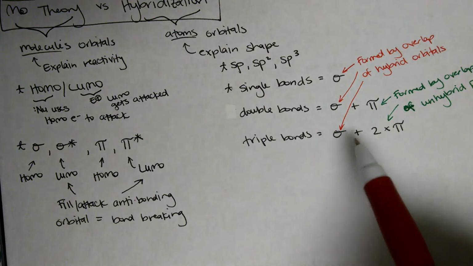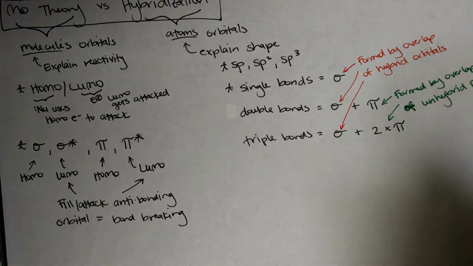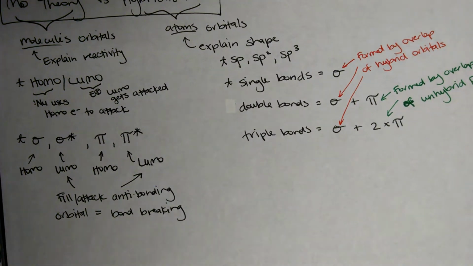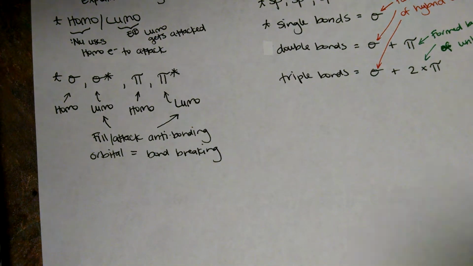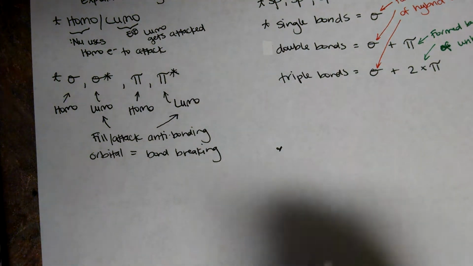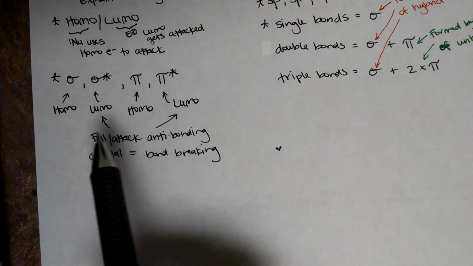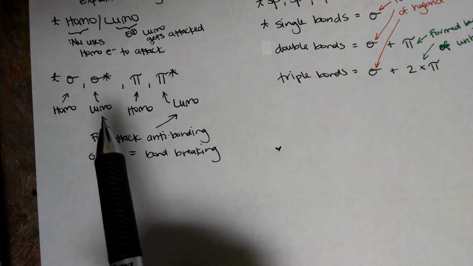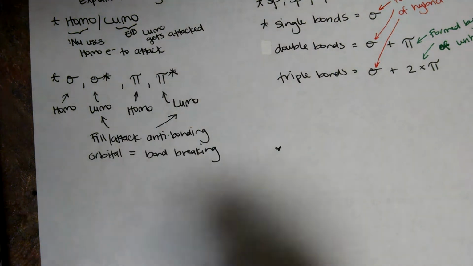Triple bonds are made from a sigma and 2 pi bonds, and the pi bonds are made from the overlap of the unhybridized p orbitals. Really quick, I'm going to focus mostly on the hybridized stuff, because as long as you understand that the HOMO attacks the LUMO, and understand the shapes of those molecular orbitals, you're good.